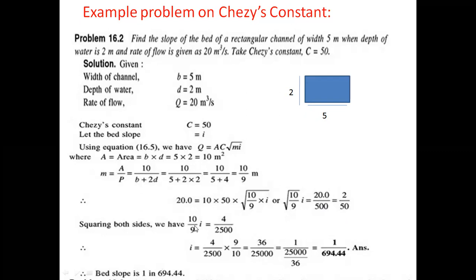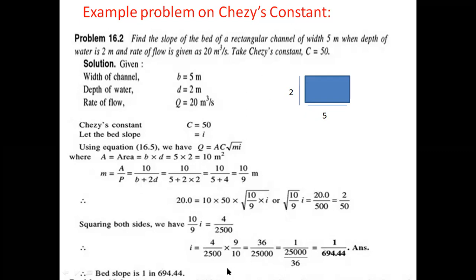Now root of 10 by 9 i equal to 2 by 50. Squaring both sides, the root and square cancel, so 10 by 9 i equal to 4 by 2500.